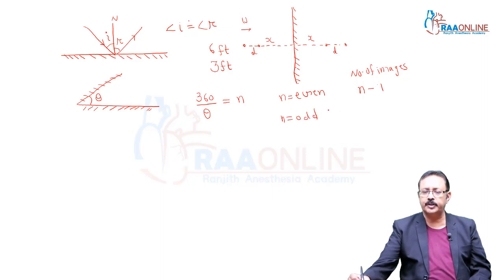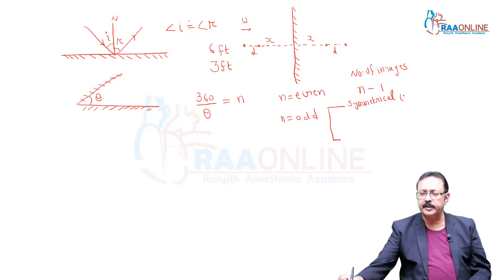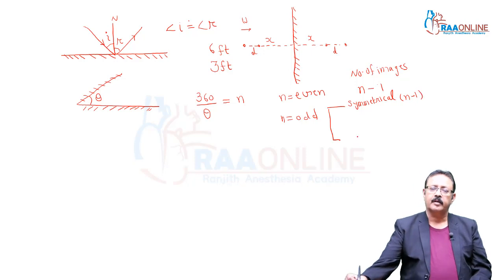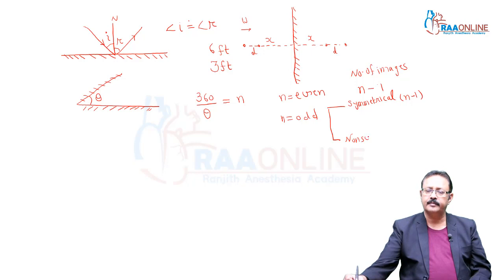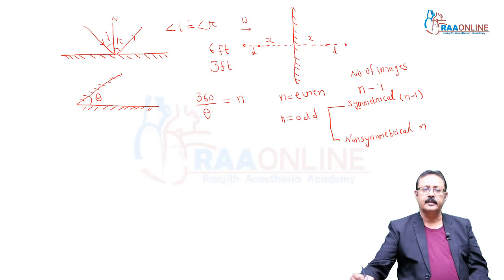But if n is odd, you have to check the position of the object. If it is symmetrical, you will get n minus 1 images. But if it is asymmetrical or non-symmetrical, you will get n images. What do you mean by symmetrical? Symmetrical means the object is placed on the angle bisector.